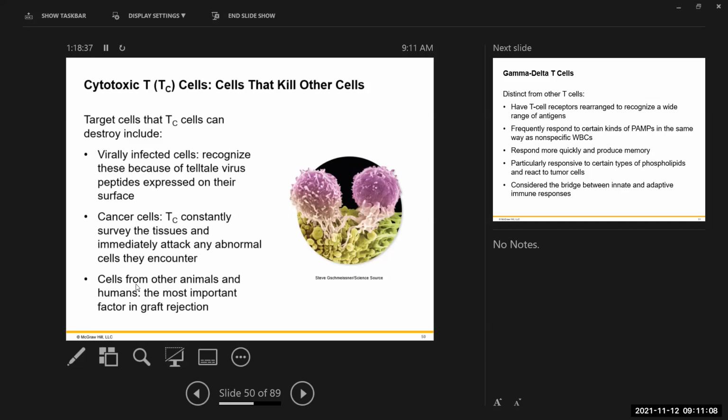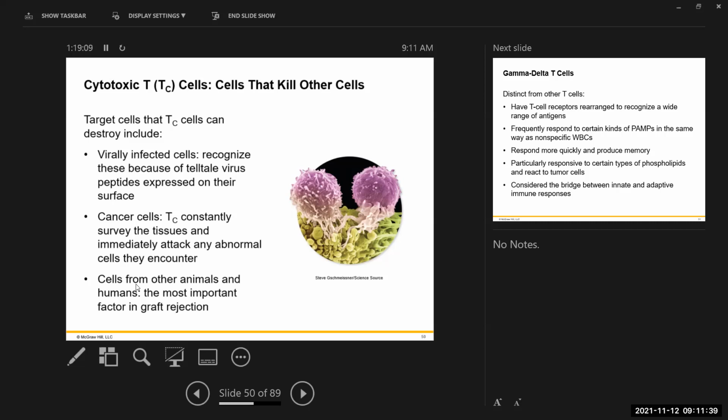That will then make these molecules that will kill this cell. And this cell then will die. By killing the virally infected cell, you prevent it from releasing mature virus particles. That cell then can be replaced by other cell populations and so on and so forth.